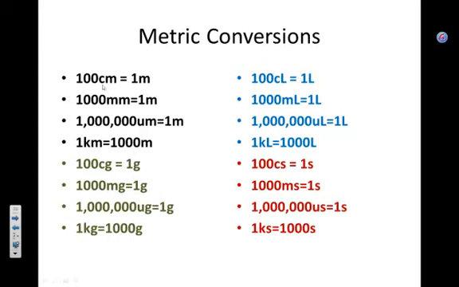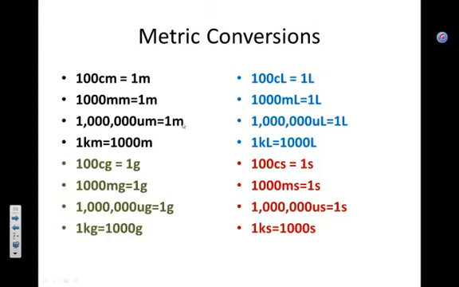And notice that these metric prefixes, centi, milli, micro, and kilo, all have the same meaning. Doesn't matter what they're in front of, whether it's meters, grams, liters, or seconds. So the prefix centi means 1/100th, and so it takes 100 centimeters to equal 1 meter. It takes 1,000 millimeters to equal 1 meter, so 1 millimeter is 1/1,000th of a meter.